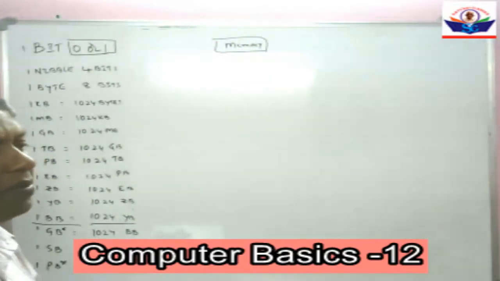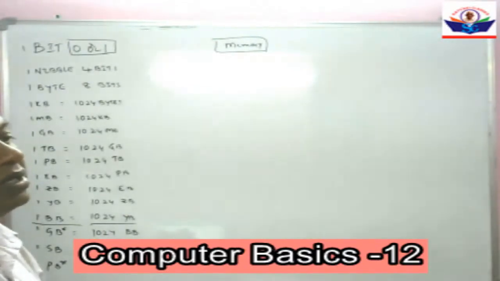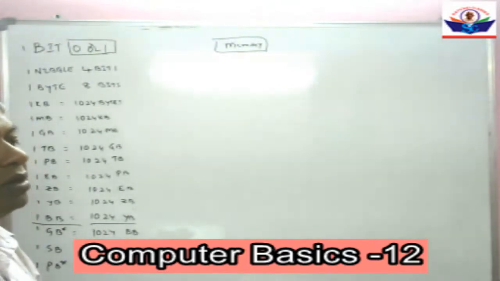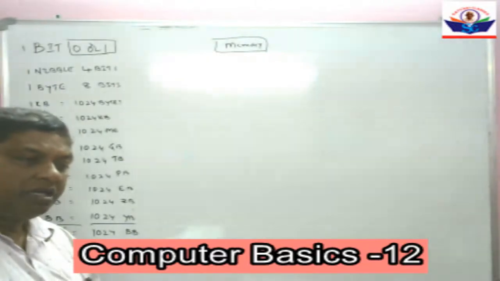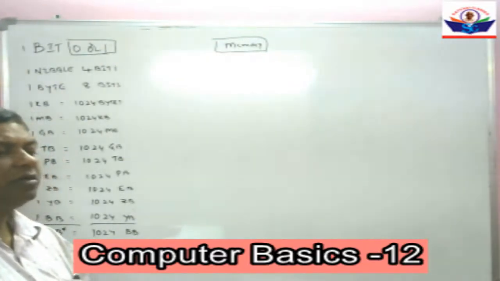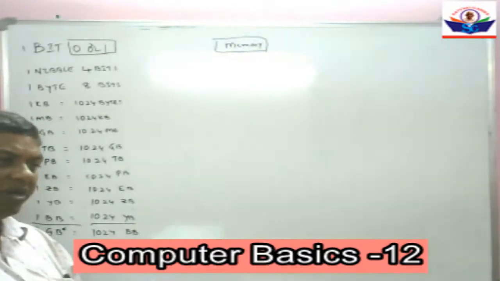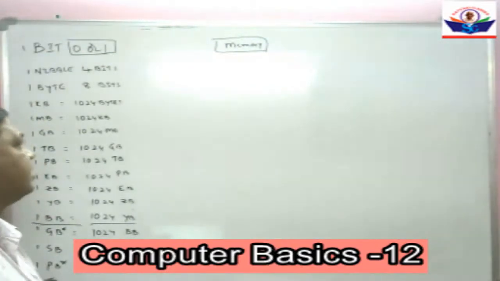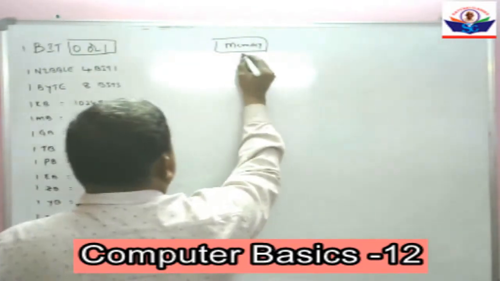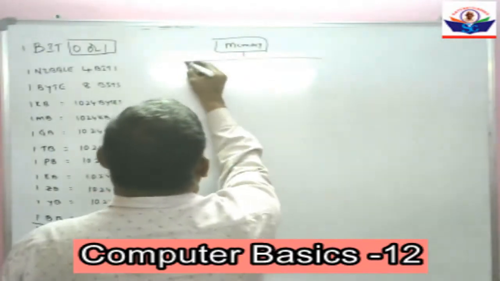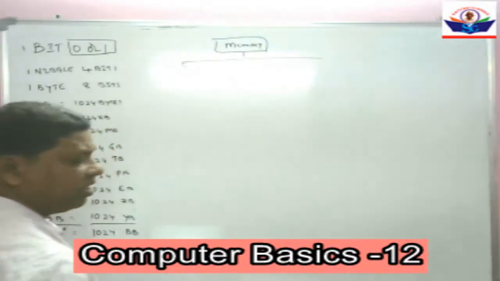If we have more memory, system performance will be more. That means one of the factors to increase the performance of a smartphone is memory also. So, actually, there are two types of memory.